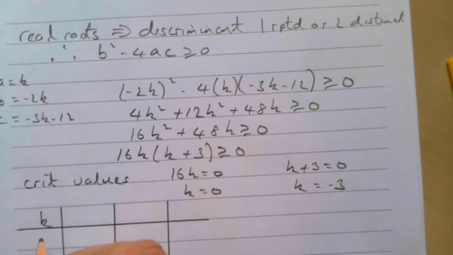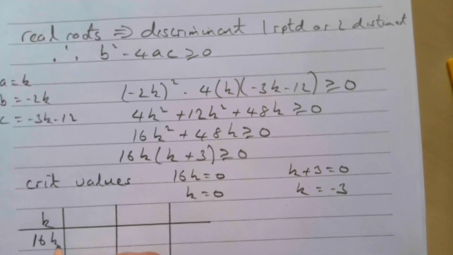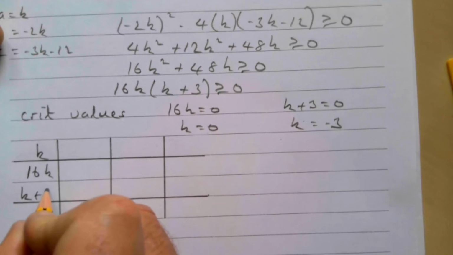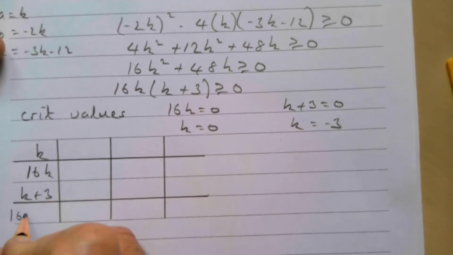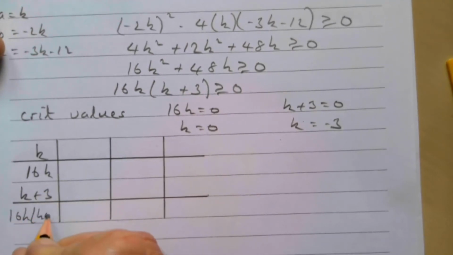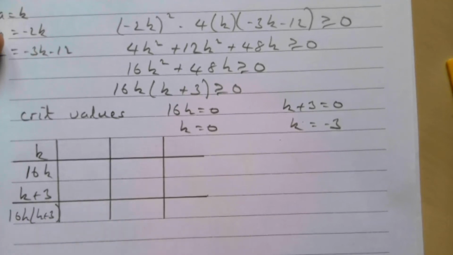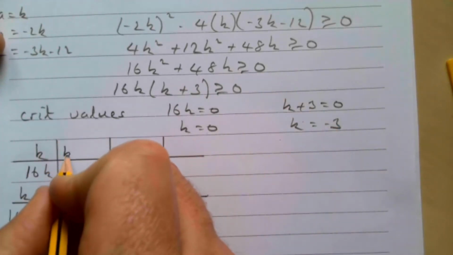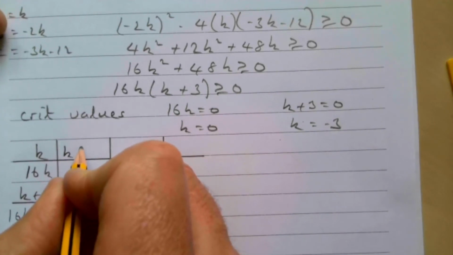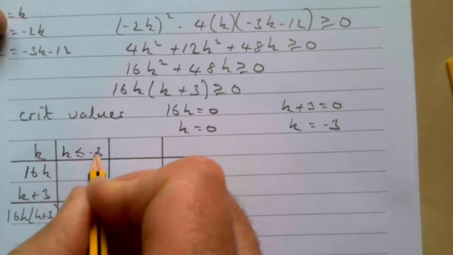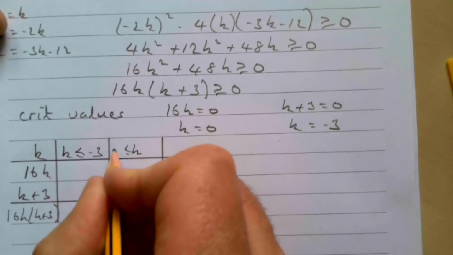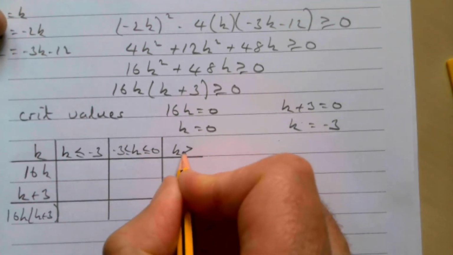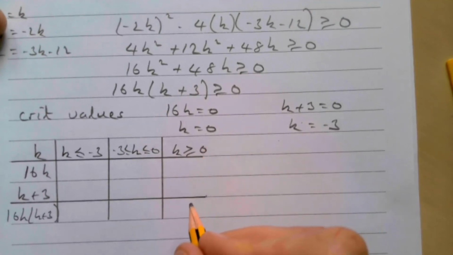One of them is 16k, and the other one is k plus 3, and then our solution is 16k times k plus 3. Our critical values are 0 and minus 3, so I want something less than minus 3, k in between minus 3 and 0, and then k greater than or equal to 0.